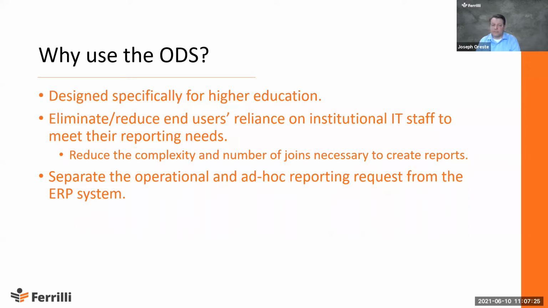What Ellucian provides is an accurate source of reliable data. Every time anything gets updated in Banner or Degree Works, the institution can rest assured that their ODS is staying up to date and current with any new functionality, and it gets brought over. Having accurate data is very important to the business units.